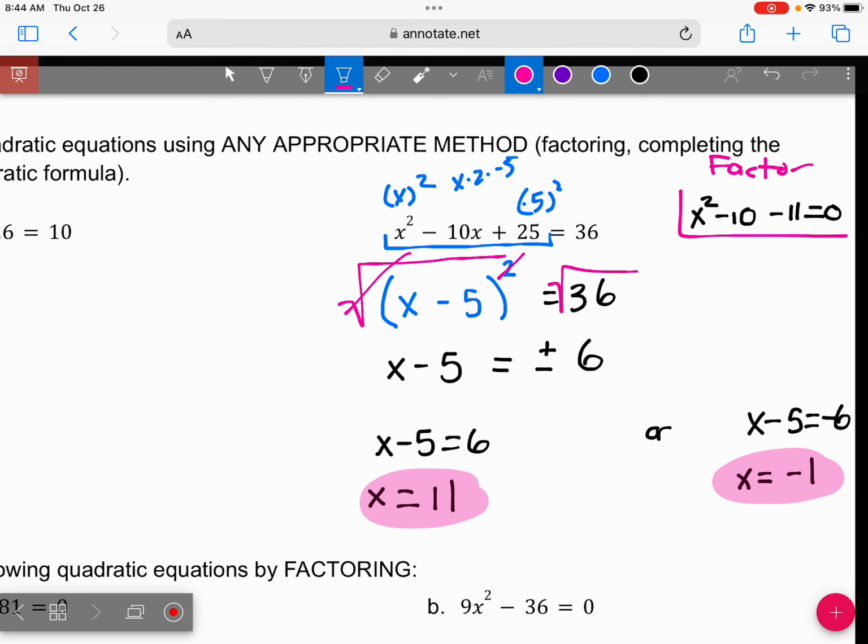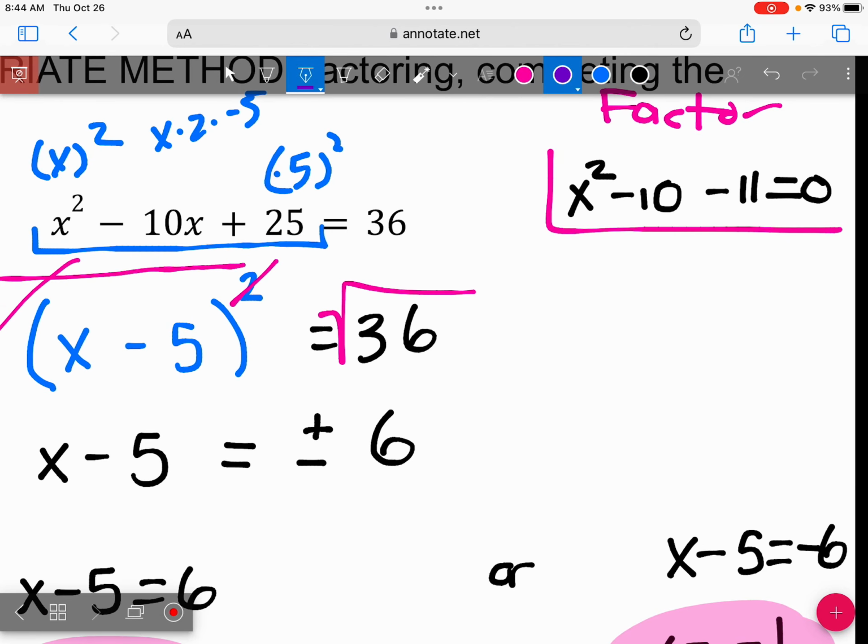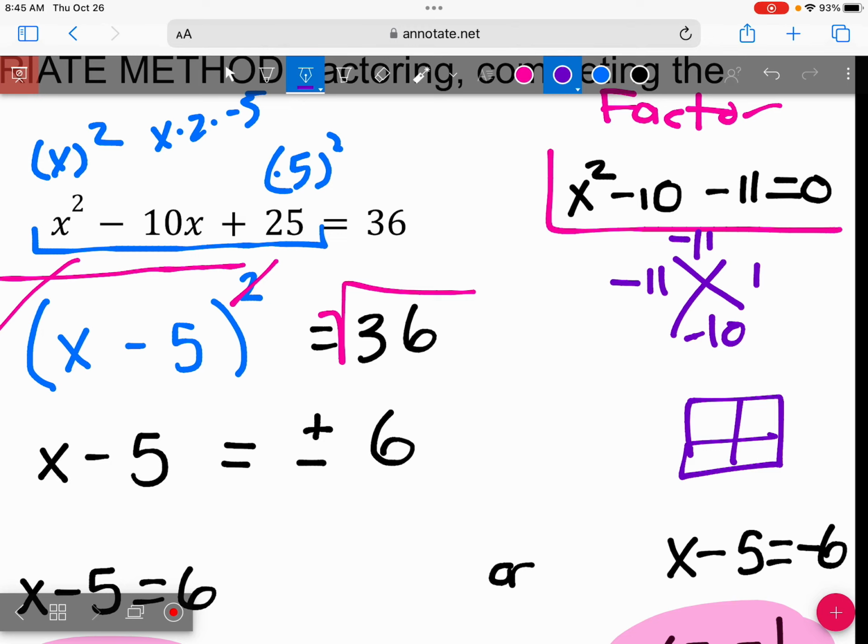If you factored this and you did our x in box, you would get the exact same factors. Because our pair of numbers that multiplies to make negative 11 and adds to make negative 10 are negative 11 and positive 1. When you box that, you get the exact same factors. x squared, negative 11x, and negative 1x.